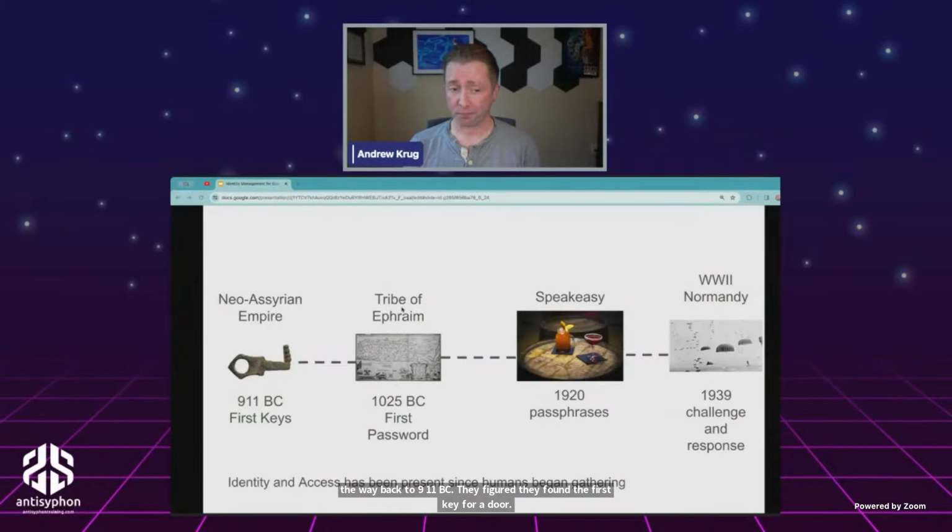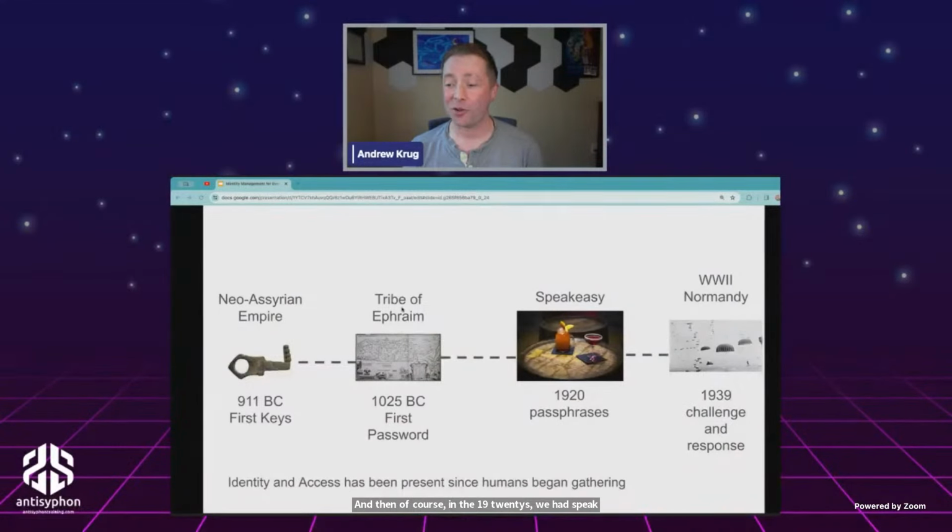And then we started to evolve that into what became passwords. If you're familiar with identity providers, way back, like in books of the Bible, there's references to somebody going to a gate and saying the word shibboleth to gain access to something. And then, of course, in the 1920s, we had speakeasies where people would say the passphrase to get in somewhere.